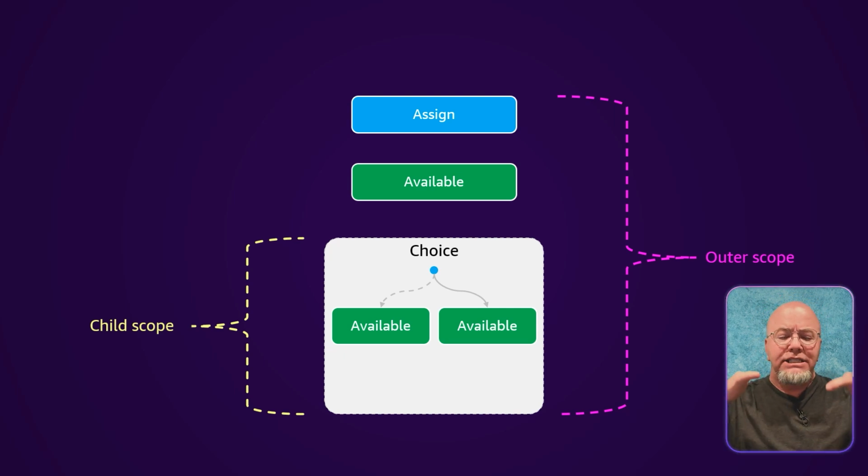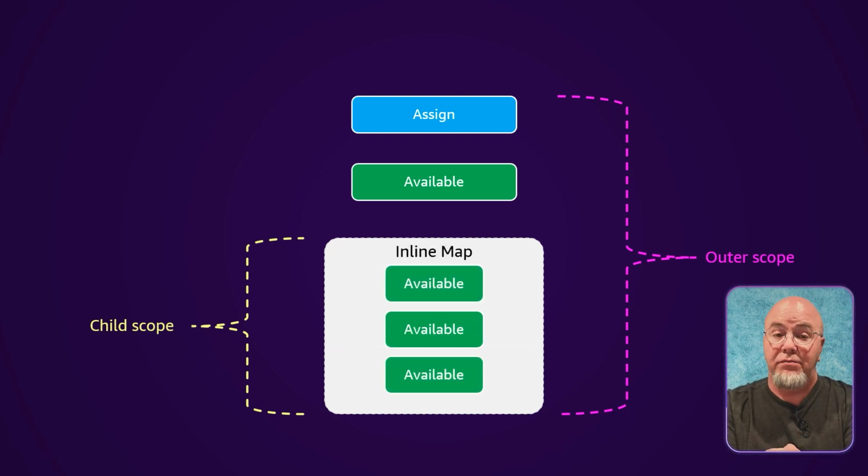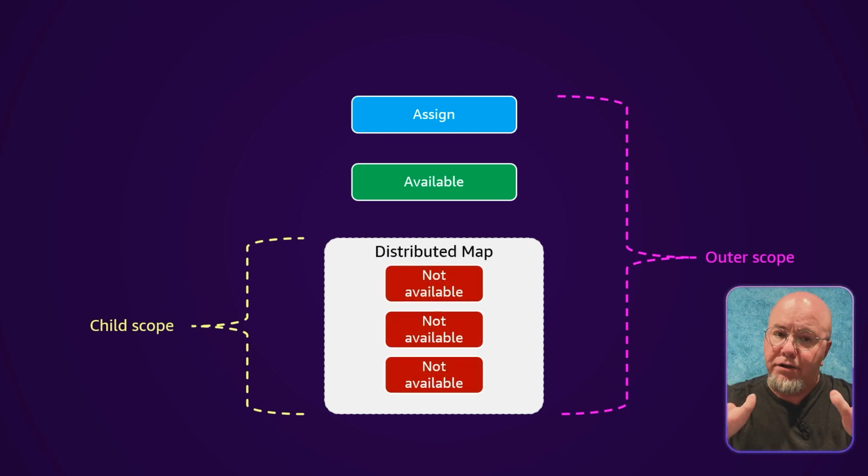Now, if I assign something in the outer scope, it's available in most of the child scopes. It's going to be available in a choice, it's going to be available in a parallel, it's going to be available in an inline map, but it's not going to be available in a distributed map because that actually goes to another or sub Step Function, which is outside the scope.